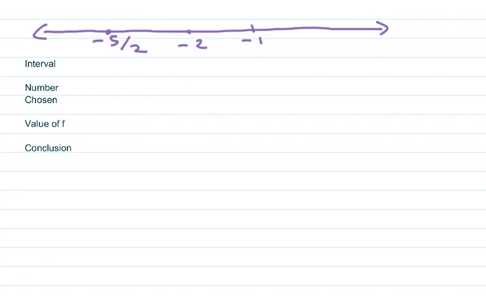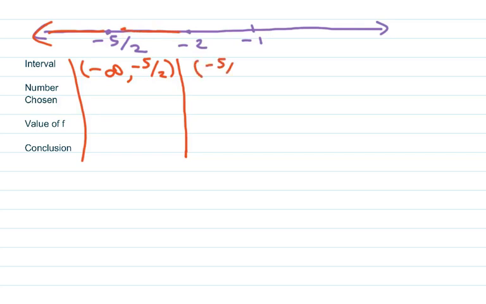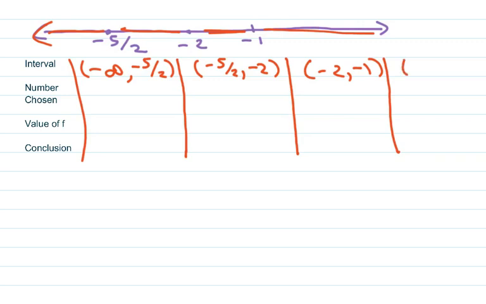So the intervals I'm going to choose are, the first one is going to be negative infinity to negative 5/2. And from this interval, negative 5/2 comma negative 2. And then this interval is negative 2 comma negative 1. And the last interval is this one, which is negative 1 to infinity.